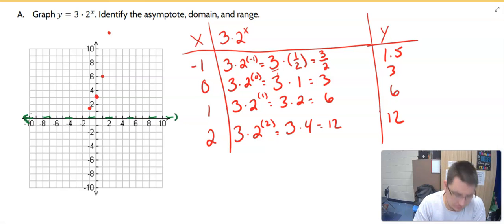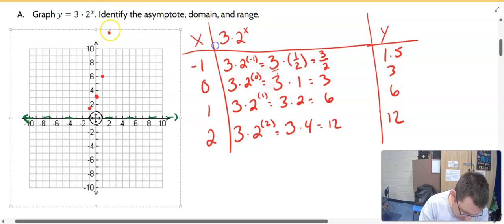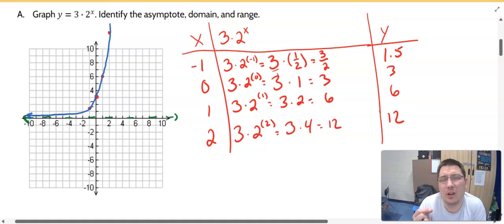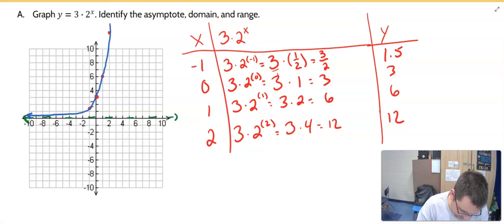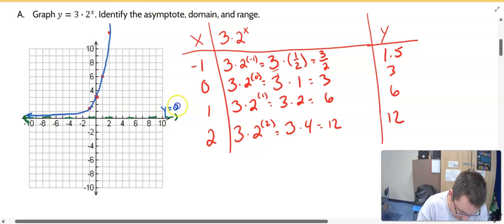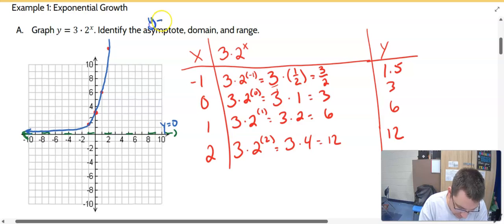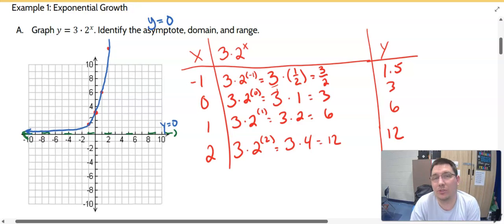And so when we connect these points, we're going to see that this graph is going to come down like this. And it looks like it would eventually cross, but it's actually going to slow down and get closer to that x-axis, but never actually cross it. The line of the x-axis is y equals 0, and that's actually the answer to the asymptote here. Our asymptote is at y equals 0.